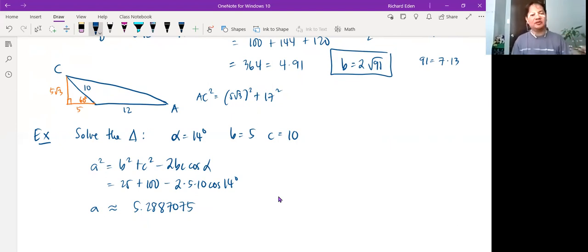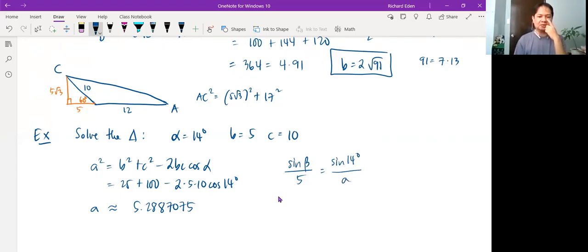Actually, we just need one of them because the sum of all three should be 180 degrees, and we already have 14 degrees. So let's use the law of sines now. Sine of beta over 5 equals sine of 14 degrees over A.